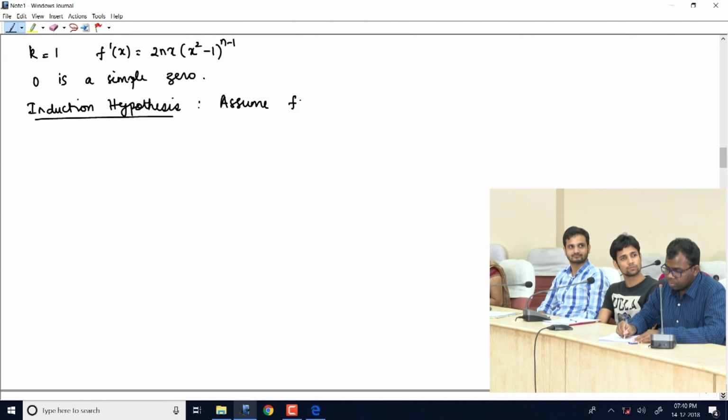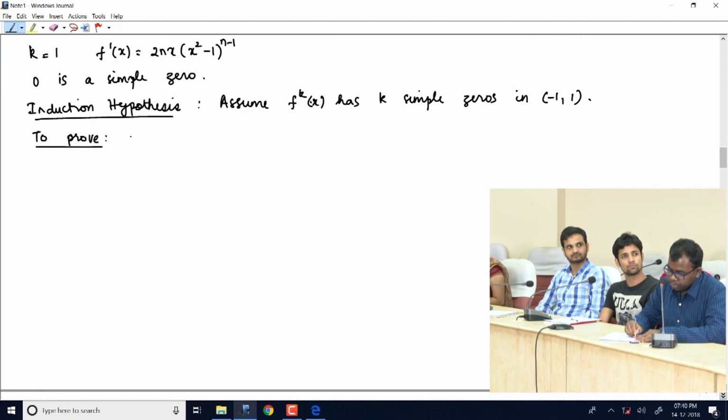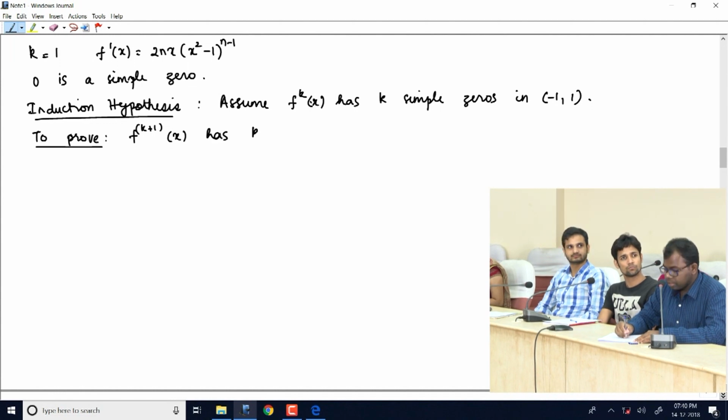Induction hypothesis: assume that the kth derivative of f has k simple zeros in the open interval −1 to 1. To prove: the (k+1)th derivative of f has k + 1 simple zeros in the open interval −1 to 1.